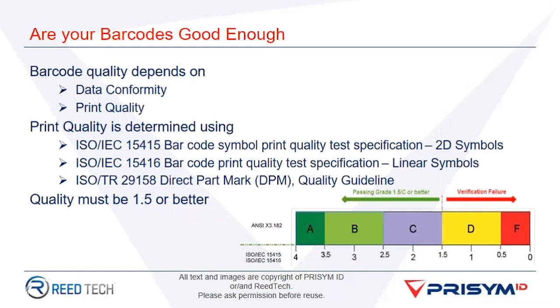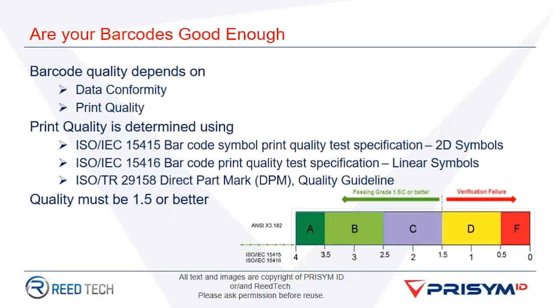Now, with the introduction of UDI, it's now necessary to ensure that any barcodes printed on any of the labeling for your device meets certain quality guidelines. This is a grading from 0 to 4 or A to F, depending on the standard that you're looking at. It's no longer sufficient to check that the barcode just reads.